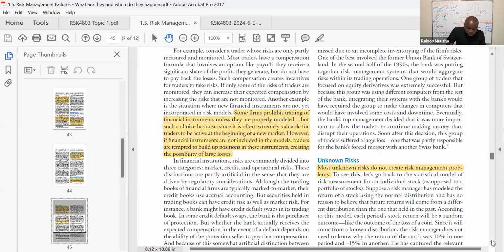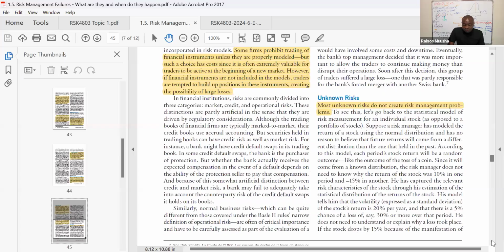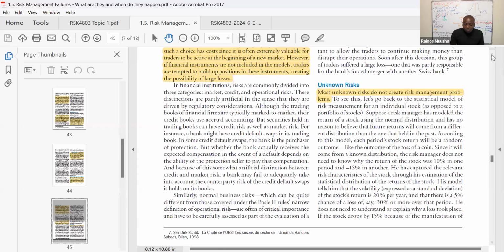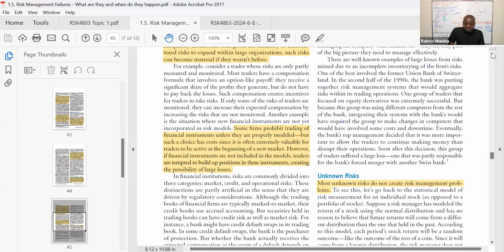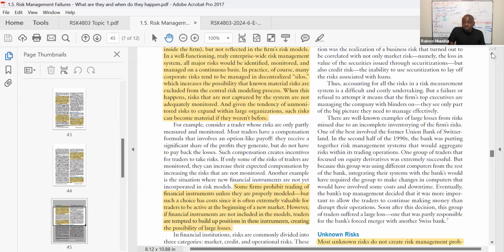However, if financial instruments are not included in the models, traders are tempted to build up positions in these instruments, creating the possibility of large losses. And as an example there, we see this as well when it comes to trading of currencies, like, for example, trading of Bitcoin.